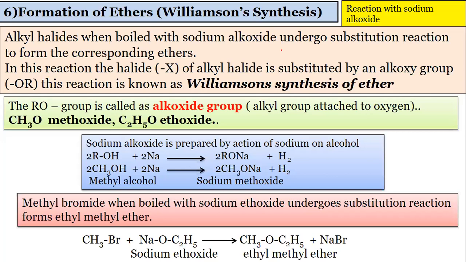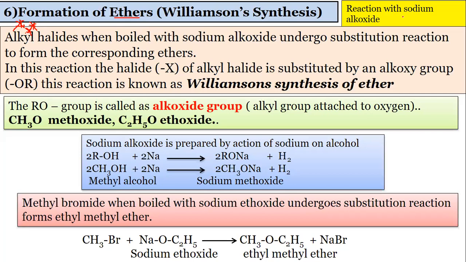Then the next one is the formation of ethers. This is a very, very important reaction. Make a star. This is Williamson synthesis, which is included in 11th standard also, and I explain it. So what is Williamson synthesis? It is the formation of ethers.